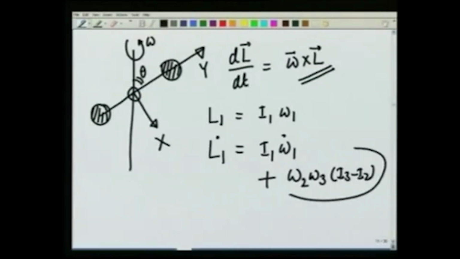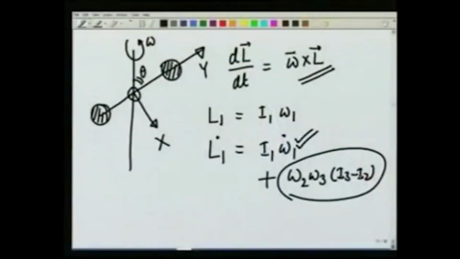This you recall we had been using. So there are two sources of change in the component of angular momentum along direction 1. One because angular velocity itself is changing, and two because L is not in the direction of omega, and therefore it rotates about the angular velocity.